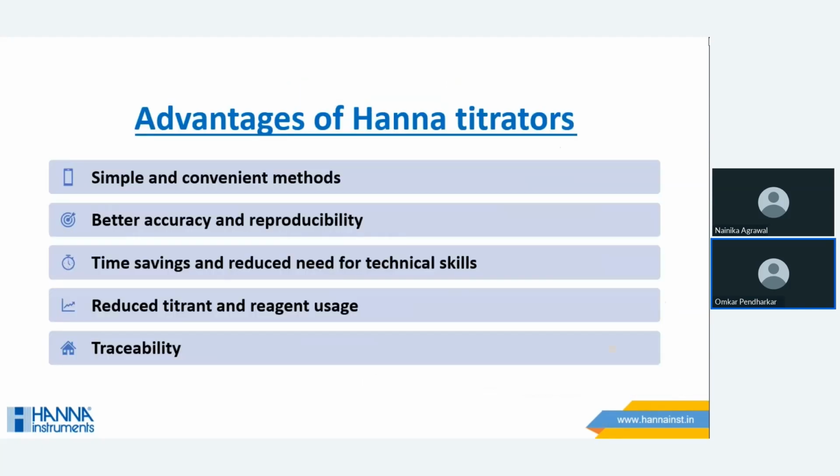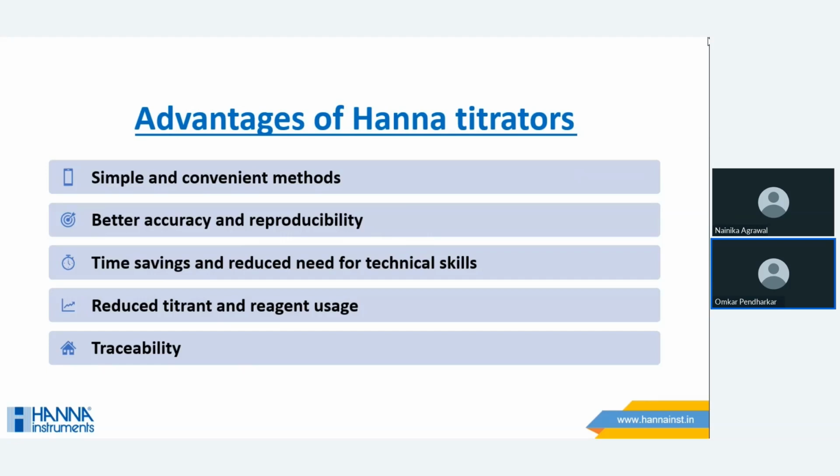So these are some advantages of using the automated system for the Hanna Titrators. So basically, the first and important advantage is it is a simple, convenient, and accurate method for the determination. So the methods used for the determination of hardness and alkalinity and many other parameters are already created, referring to the standard methods for the analysis.